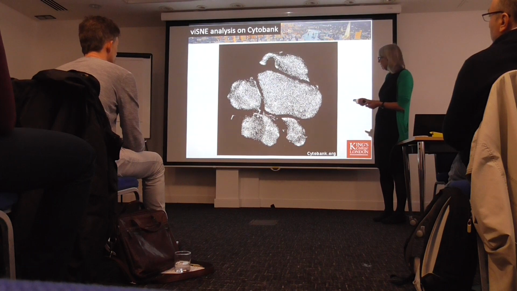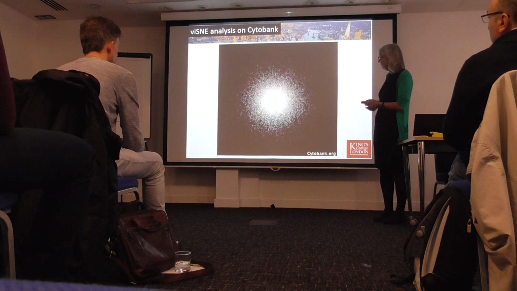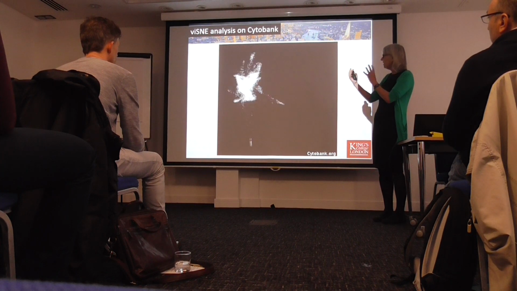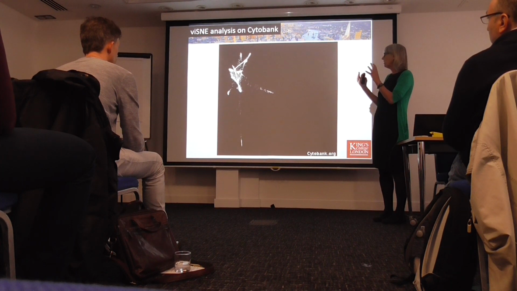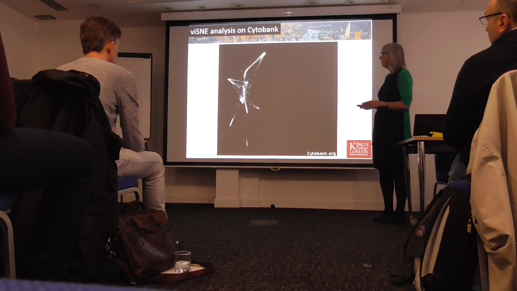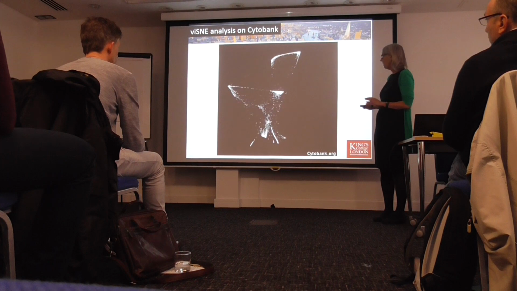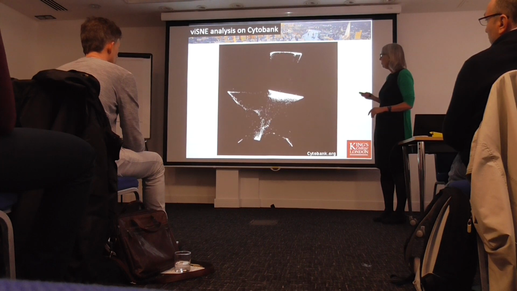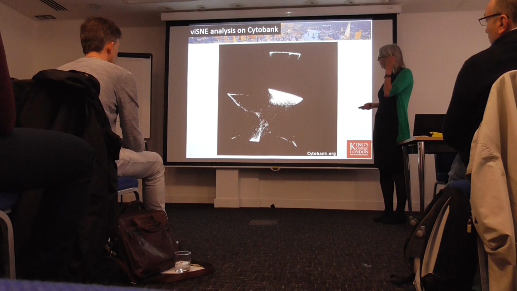So this viSNE analysis, taken from the Cytobank platform, places the cells together in 3-dimensional space, looking for resemblance between them, and at the end of the day splats them back into 2 dimensions, so that we can then see them on the tSNE plots.